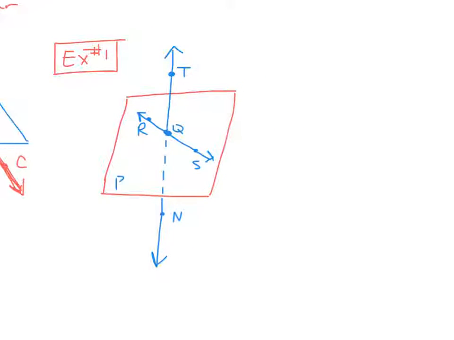Give you a sec to finish drawing that if you're drawing. Okay, so we're just going to talk through some of the things that we see with this, with coplanar, collinear, all of that type of thing.